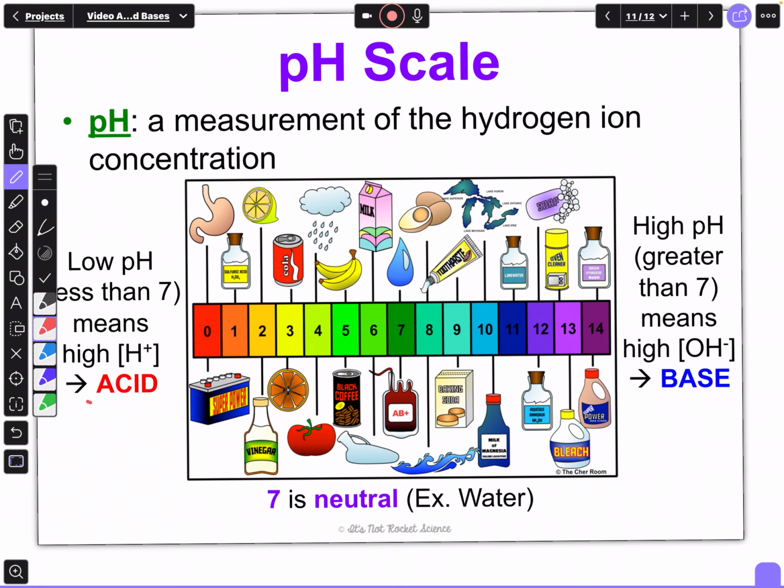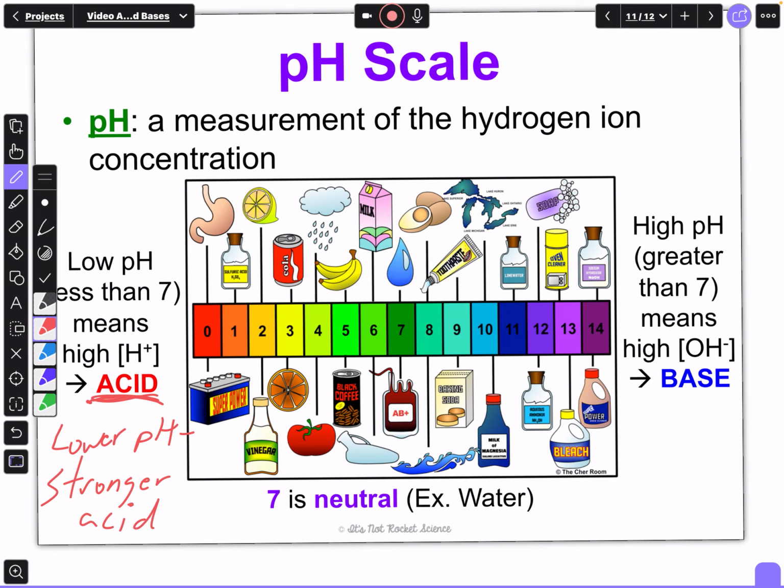That means it's an acid. The lower the number, the more acidic something is. So a lower pH means the stronger the acid is. You need to know that.